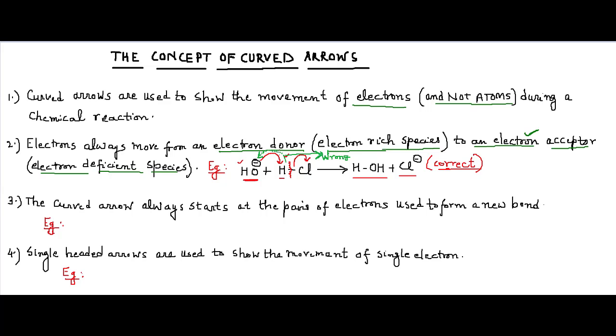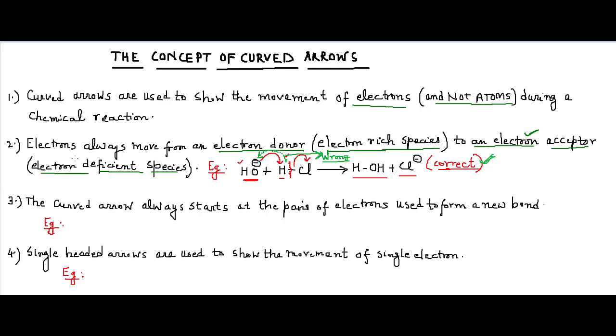Electrons have to shift from the electron rich OH negative to the electron deficient hydrogen. The correct way has been marked with red, and the green one is the wrong method.